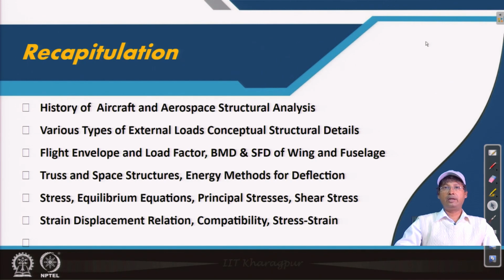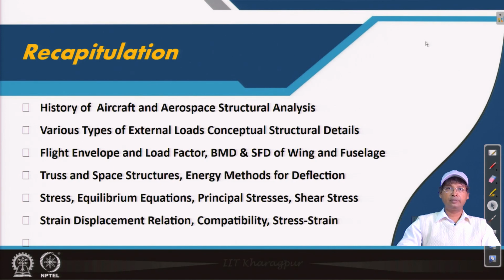Now, after that, bending moment and shear force diagrams, what you have done for different beams probably in your mechanics course, for cantilever, simply supported and many more. We have done those things, shear force and bending moment diagrams for wing and fuselage. We have considered those separately, and we have solved typical problems in association with that. Then we learned the truss structures.